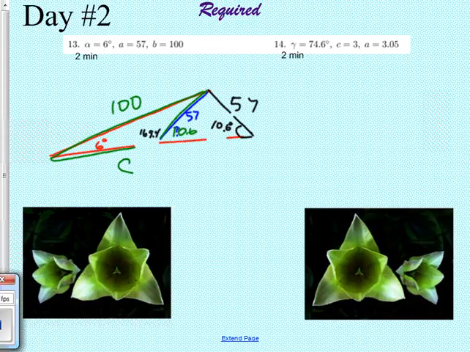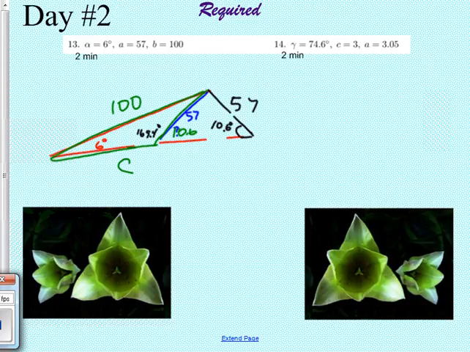Okay, so we have figured out that if this angle is 10.6 because that angle was 10.6, this must be 169.4 degrees. And now this green triangle is starting to take shape, and we can do the law of sines again on it. So it doesn't even really matter which side is which.